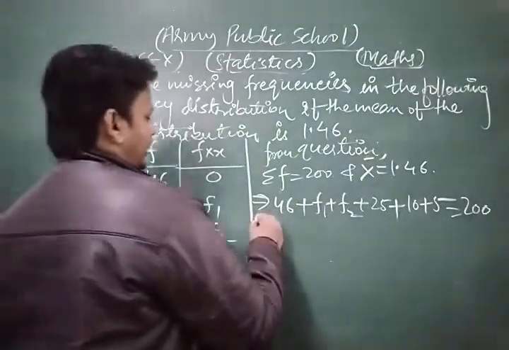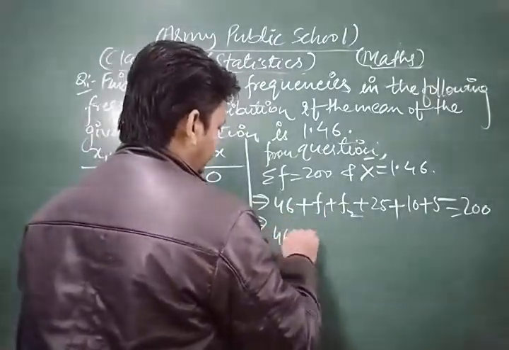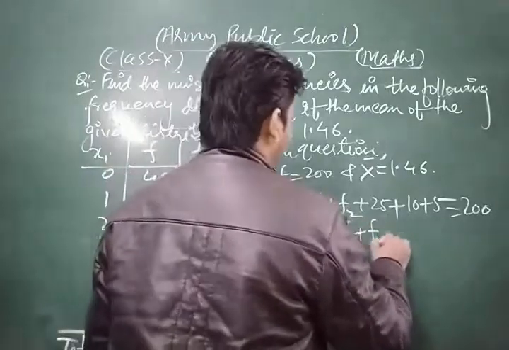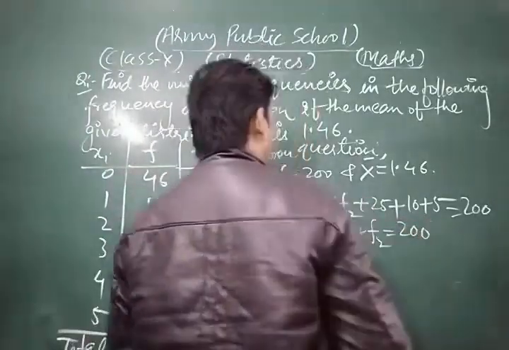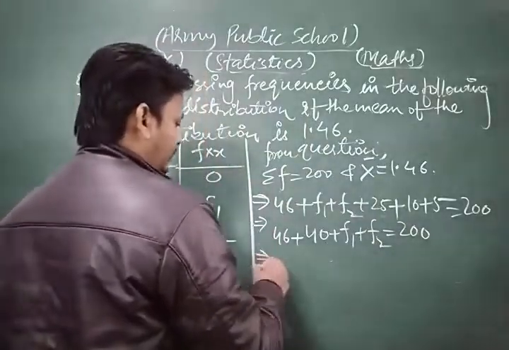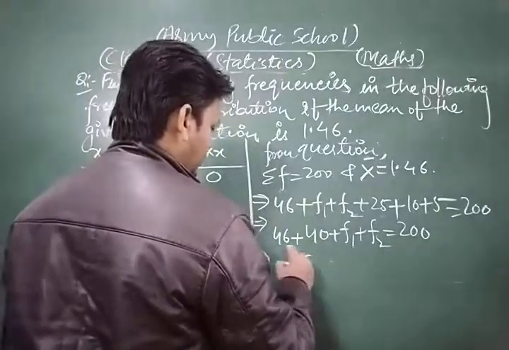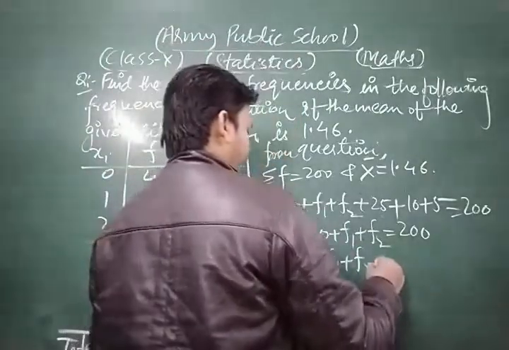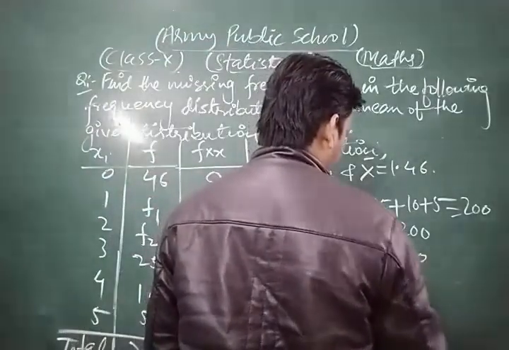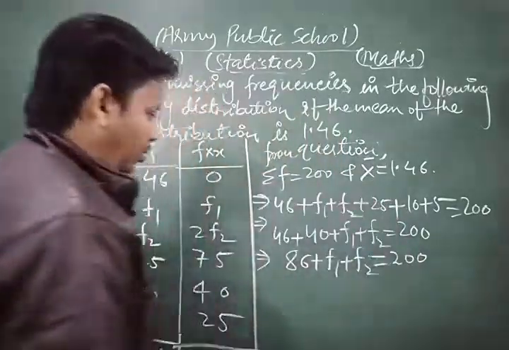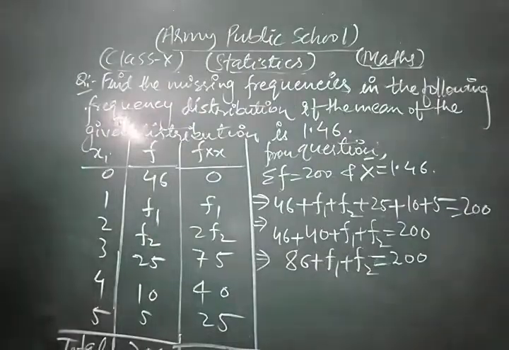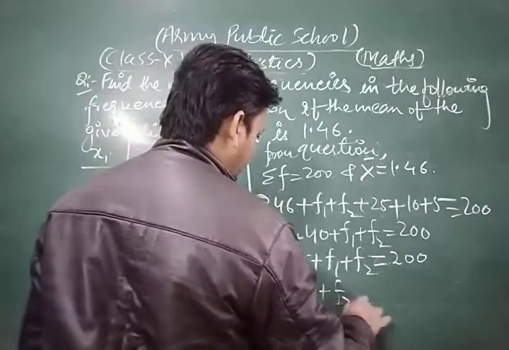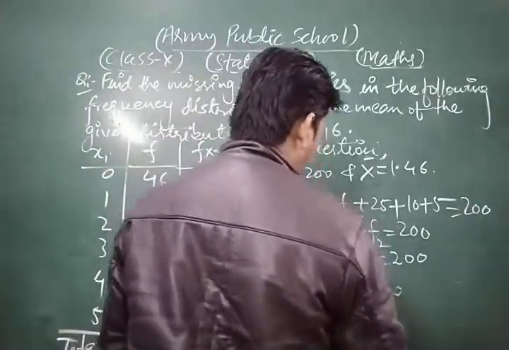Look, 25 plus 10 plus 5 is 40, plus f1 plus f2 is equal to 200. 46 and 40 make 86. So f1 plus f2 plus 86 is equal to 200, and from there f1 plus f2 is equal to 200 minus 86.